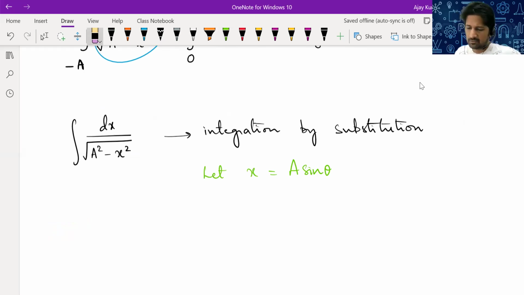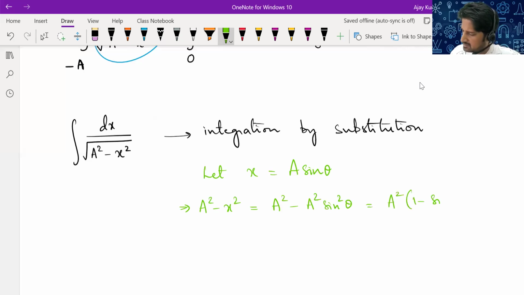Okay, let x is equal to a sine theta. Then what happens? A square minus x square becomes a square minus a square sine square theta. That is a square times 1 minus sine square theta, that is cos square theta. So effectively, the term inside the square root becomes a square cos square theta.